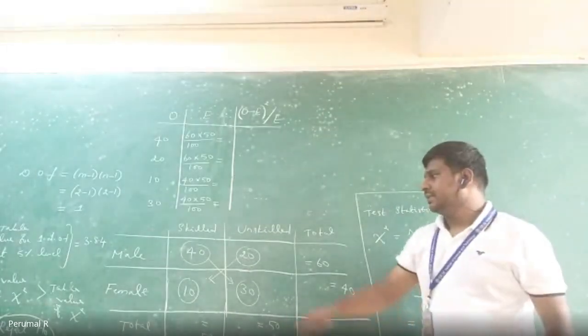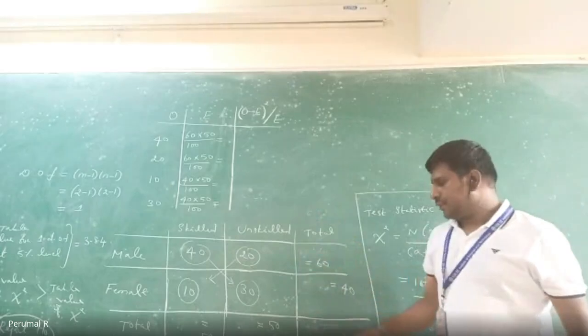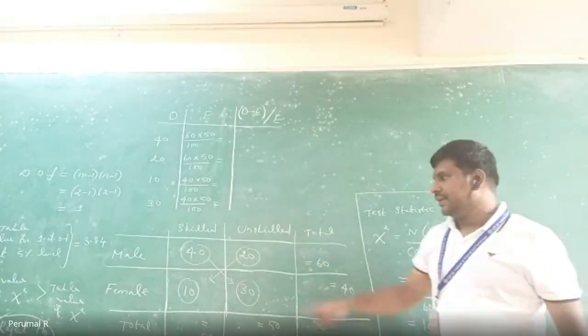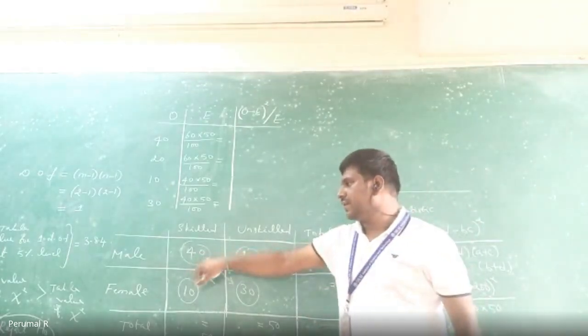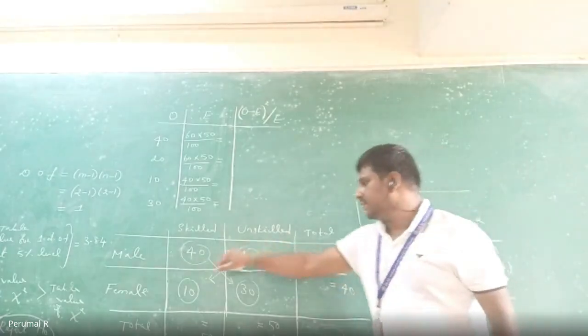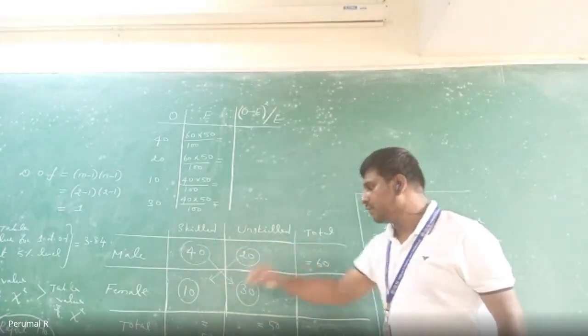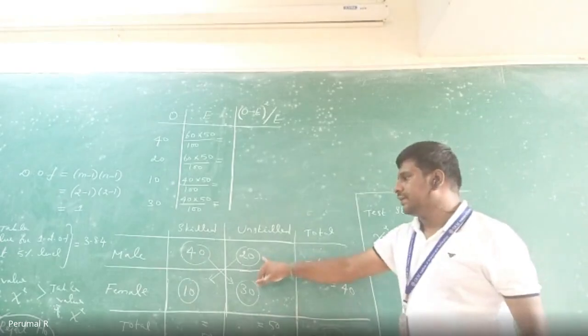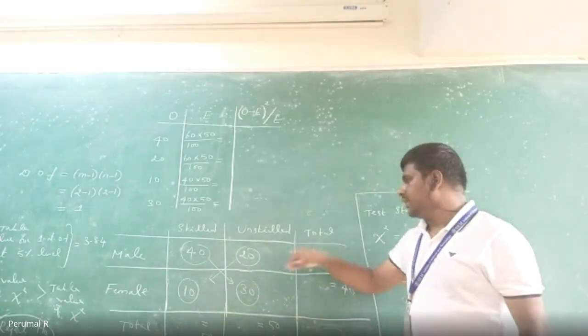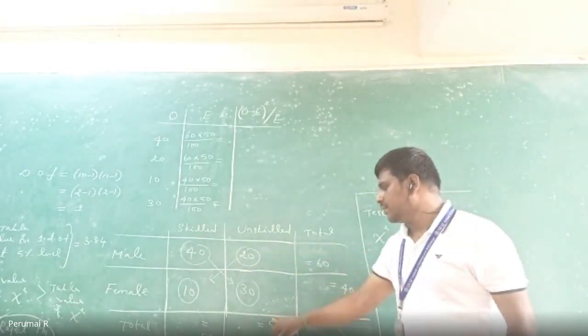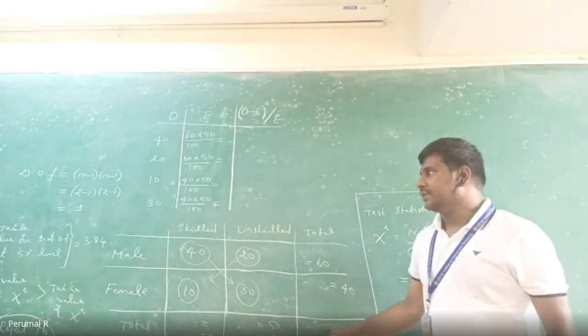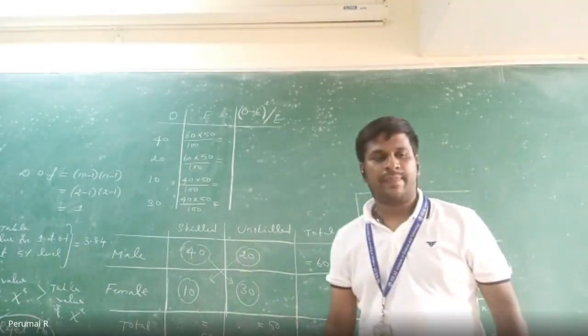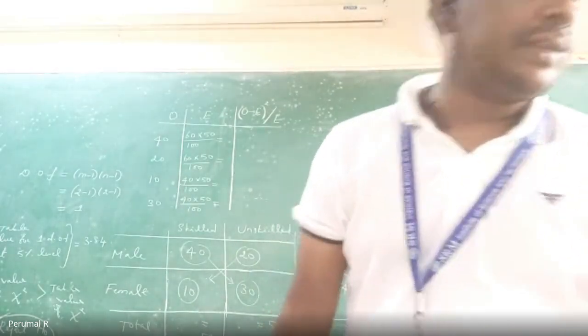It's very simple. You put the row total and column total, then finally the grand total. For the expected frequency of each cell, multiply its row total and column total and divide by the grand total. Any doubt for computing your expected frequency?